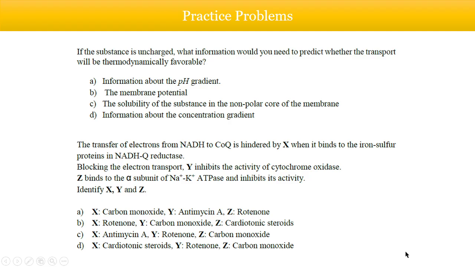Then there is something that blocks the electron transport and the activity of cytochrome oxidase, and there is a third thing that binds to the alpha subunit of Na plus K plus ATPase and inhibits its activity.